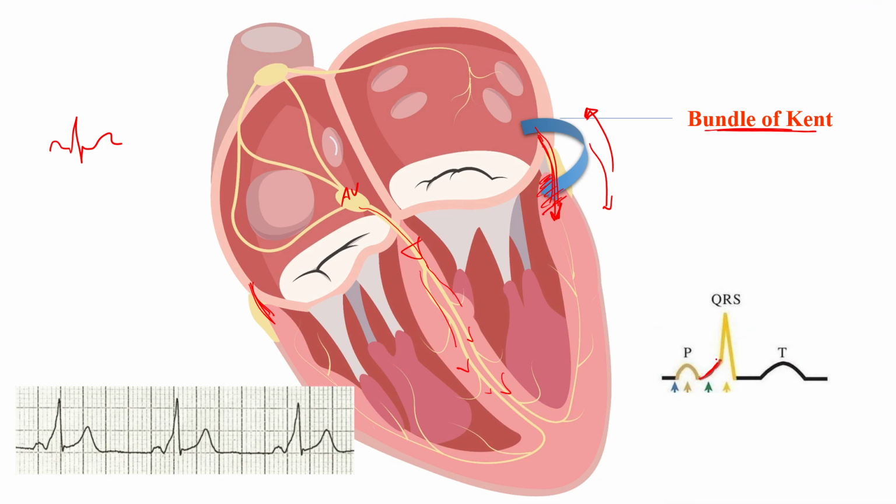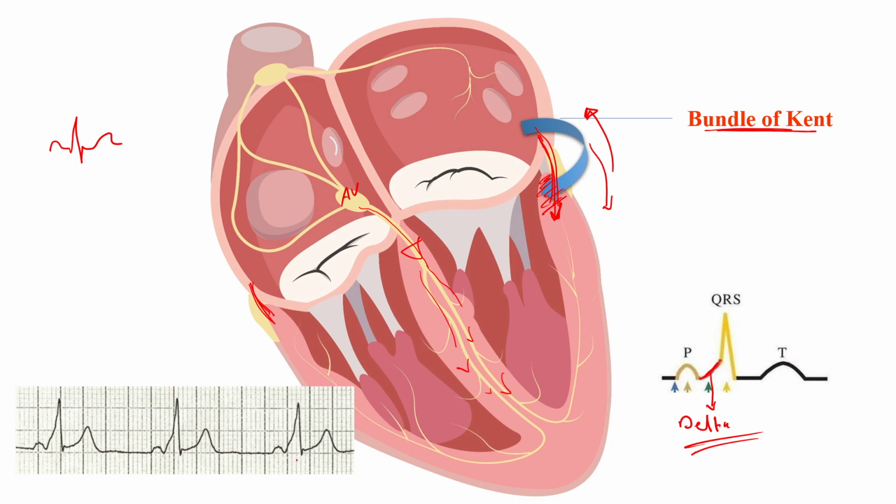This is the early depolarization of the ventricle that comes from the accessory bundle, and this is called the delta wave.